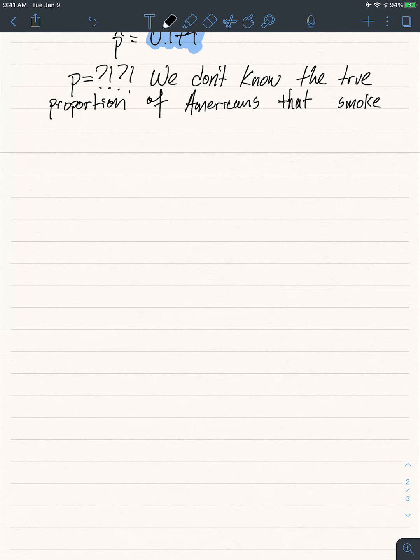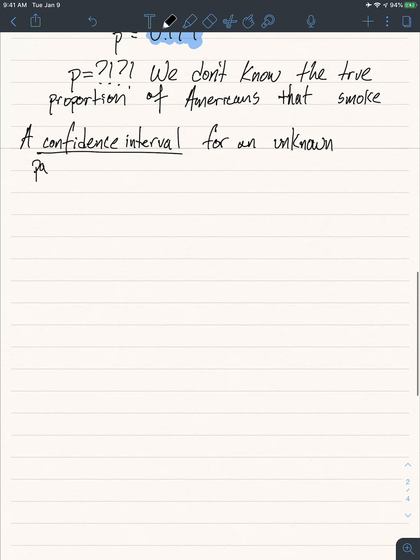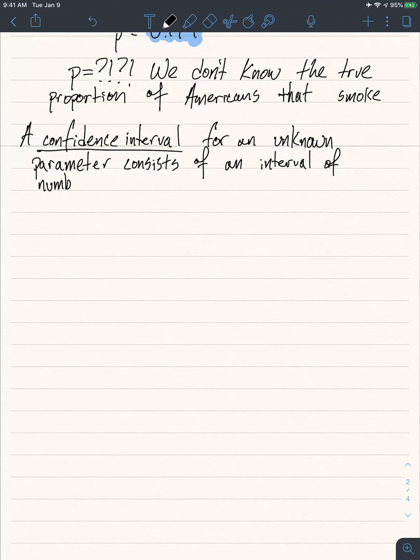intervals. So here's another definition, a confidence interval, for an unknown parameter, consists of an interval of numbers based on a point estimate.